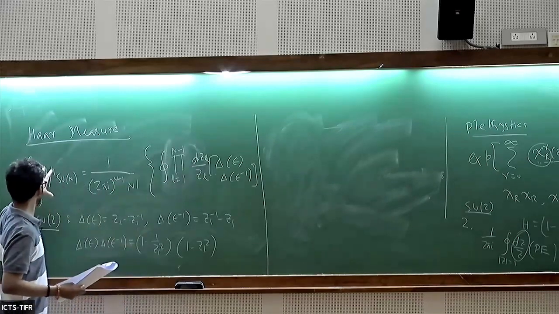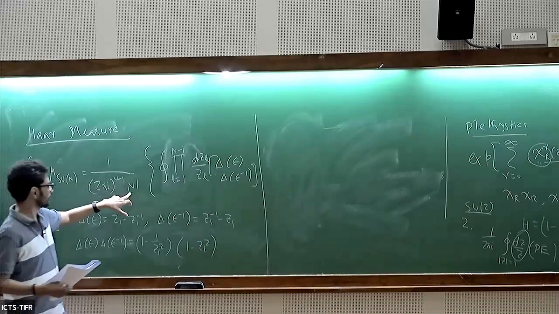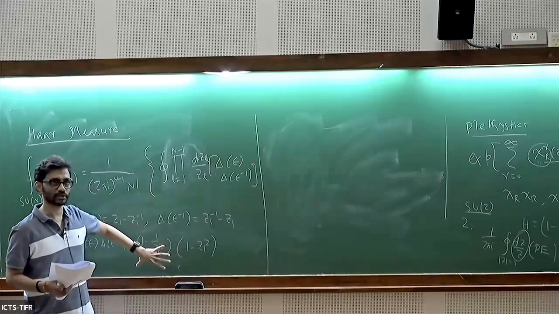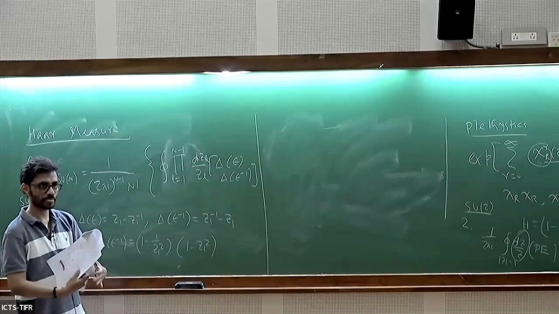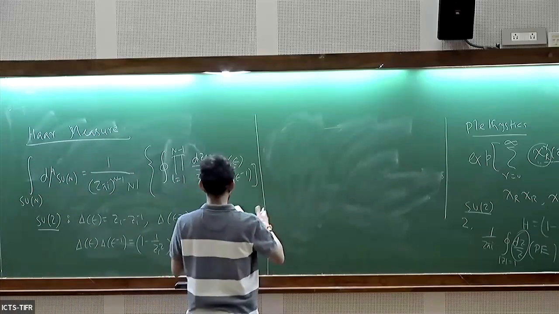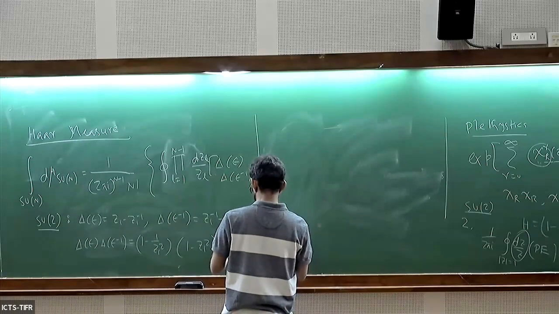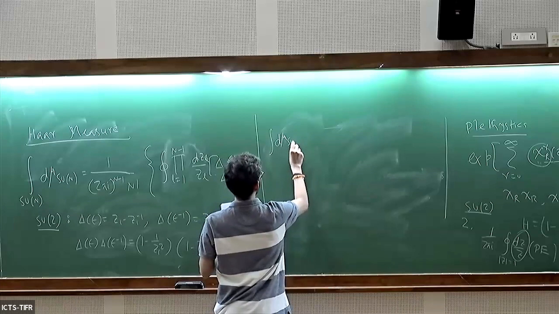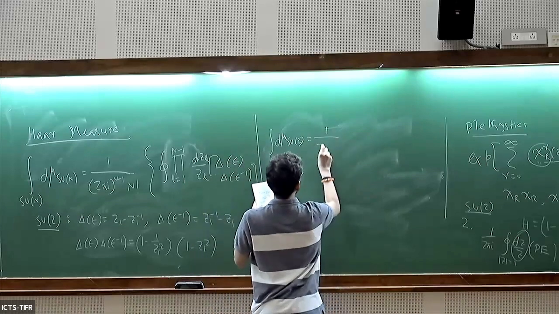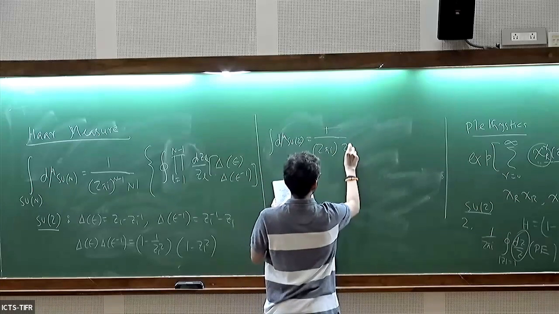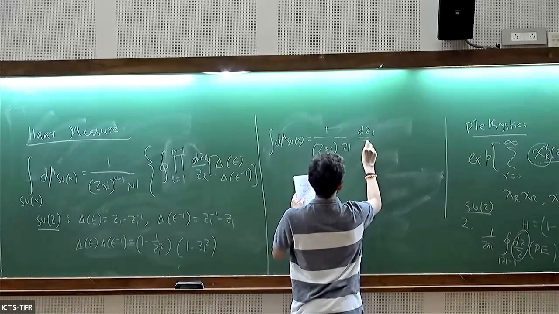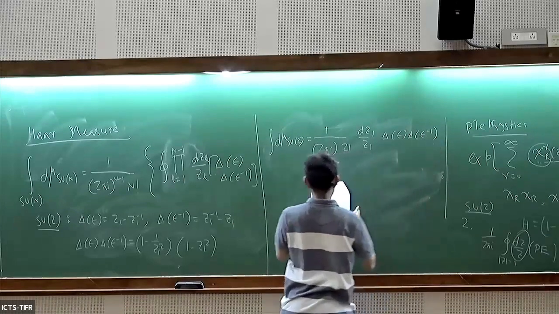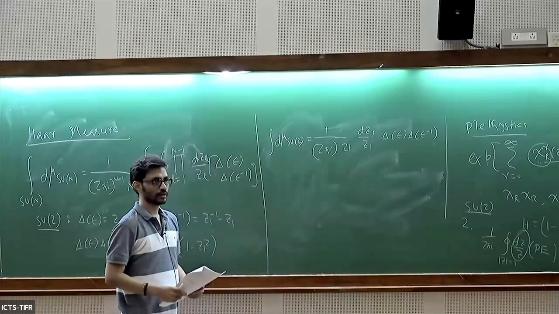How do you then write down d mu? d mu of SU2 is 1 by 2 factorial, 1 by 2 pi i, dz1 by z1, and then delta epsilon delta epsilon inverse.